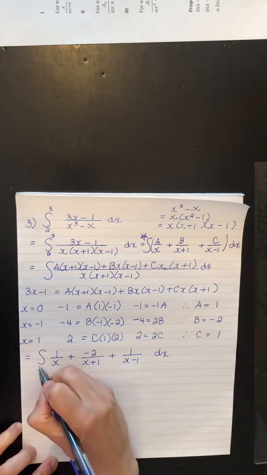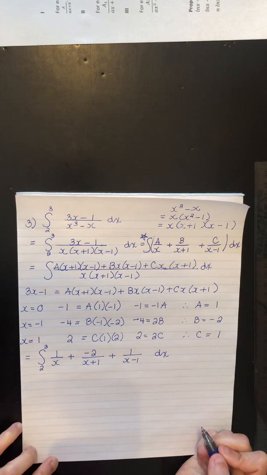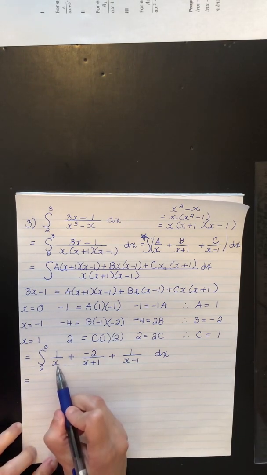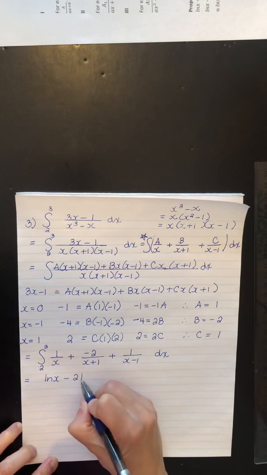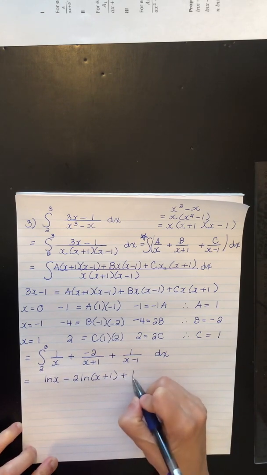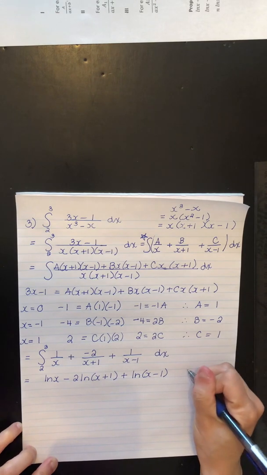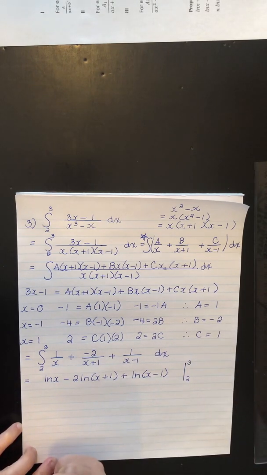A reminder that this is a definite integral. Integrate each. We're going to have ln x minus 2 times the ln of x plus 1 plus the ln of x minus 1. Normally plus c, but it is a definite integral.